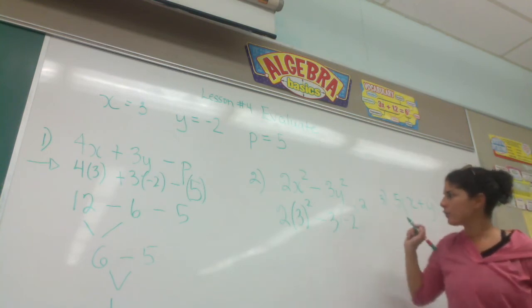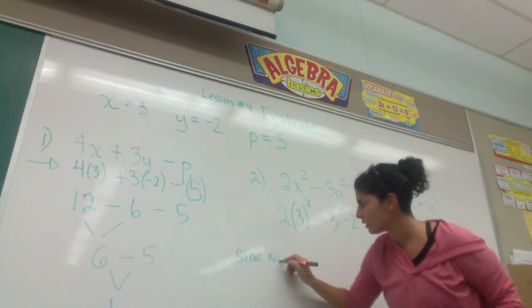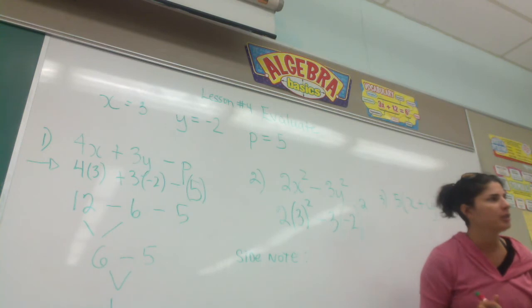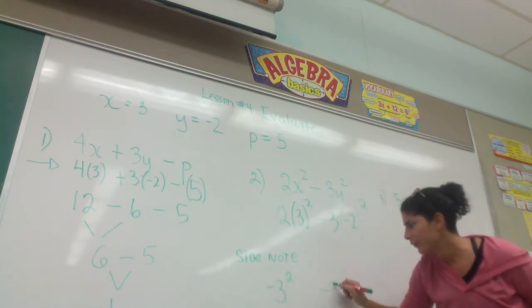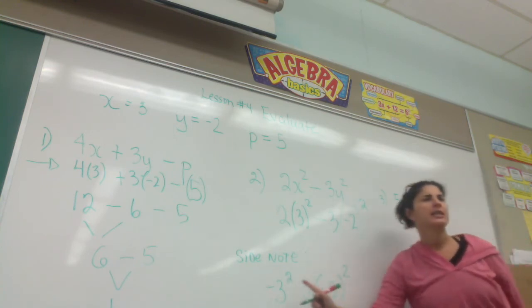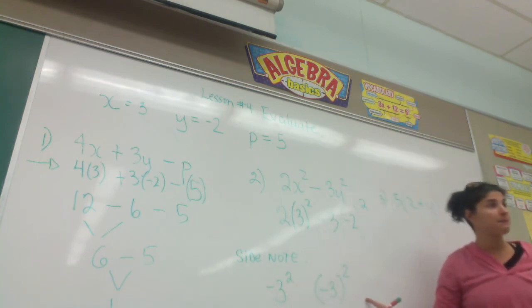Now, do you guys remember? So, side note, check this out. This is a quick review lesson. Everybody's watching. -3 squared and (-3) squared. How different is this situation? Very, very different.